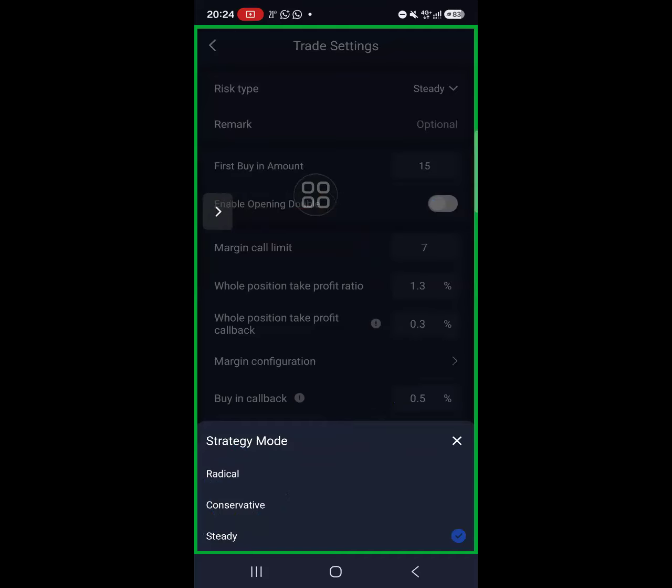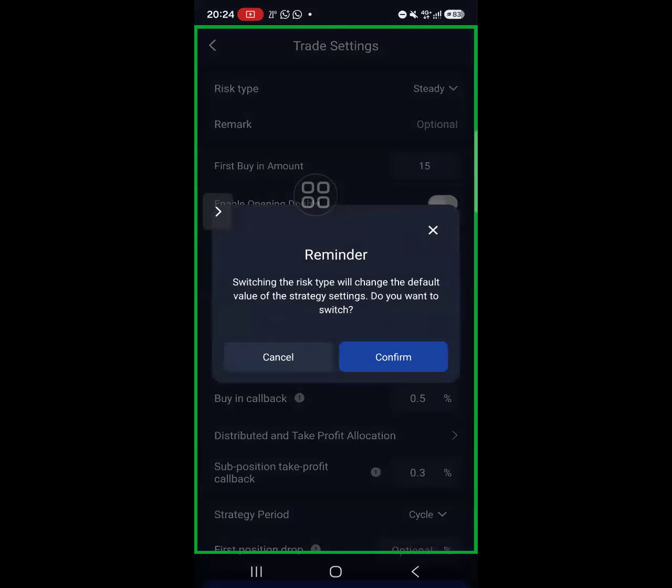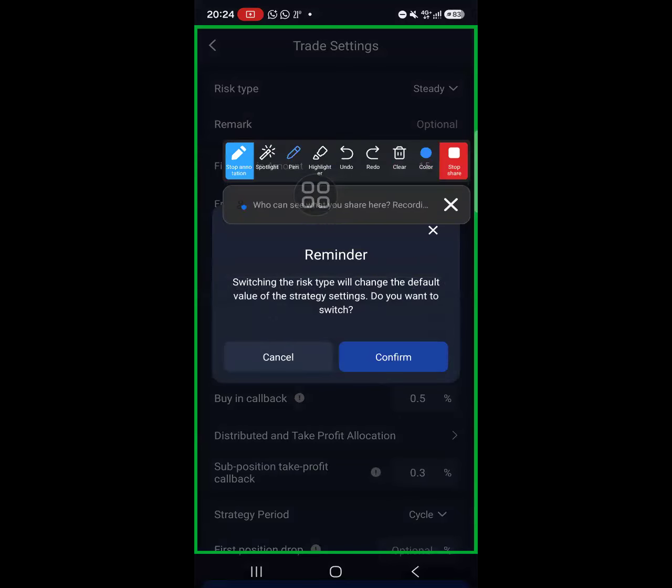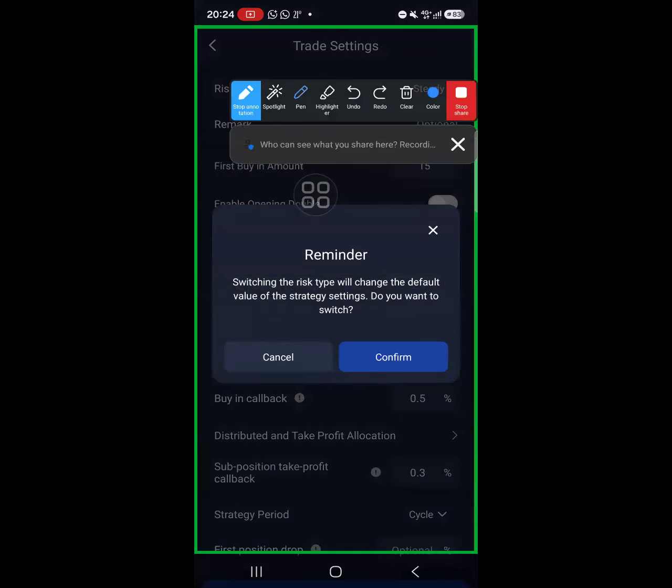Can you see? Switching the risk type will change the default value of the strategy setting. Are you following here? If I switch the risk type, I am changing the default value of the strategy settings. So I am confirming so that I can switch.